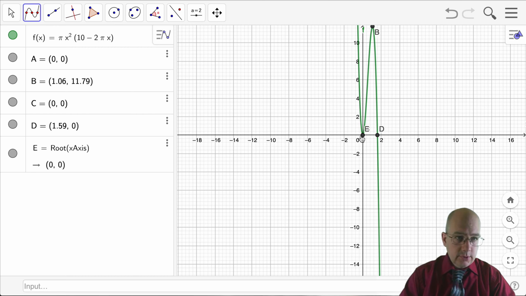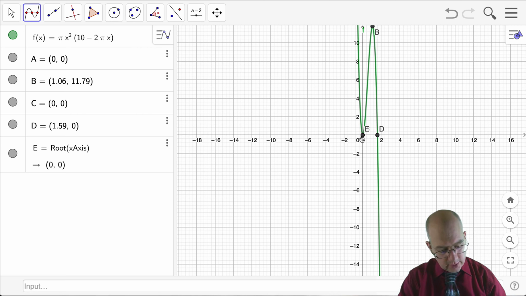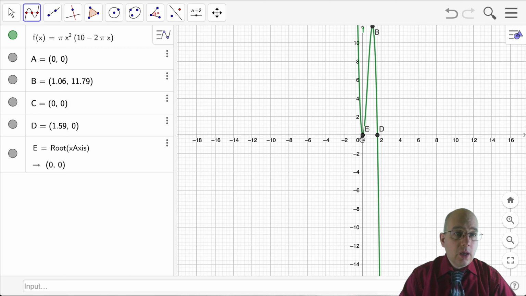All right, so that's how you can play around with the problem. Max volume happens around r approximately 1.06, and then h is whatever that is, and you get the volume.